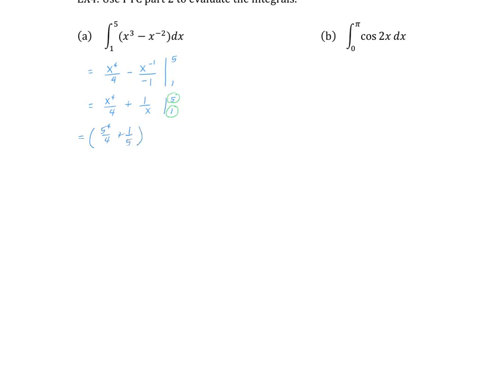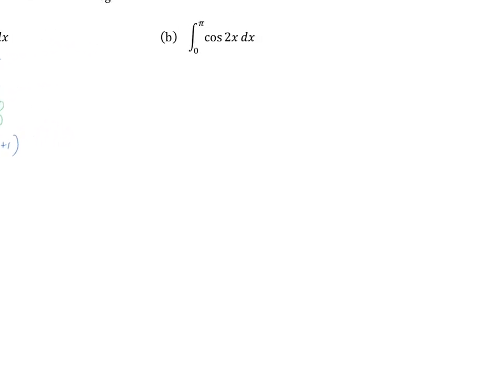That would be the upper, where you just substitute in 5 for x, minus, now we put in 1 for x, 1/4 plus 1. And after letting my calculator do all the math, I think it's 155.2. You just have to be careful if you're using your calculator that you don't put in any repeating decimals. If it's a repeating decimal, you should probably switch it to fraction form.